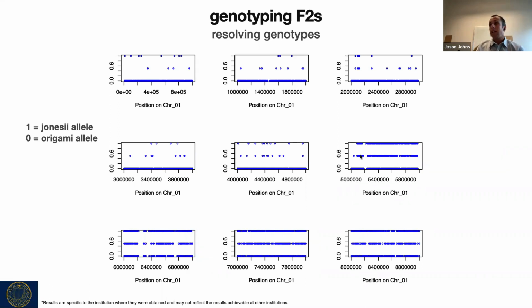And so that can help not only resolve genotypes, but also help us decide if we were missing a lot of these recombination events and thus incorrectly genotyping individuals, then we would adjust our bins accordingly.